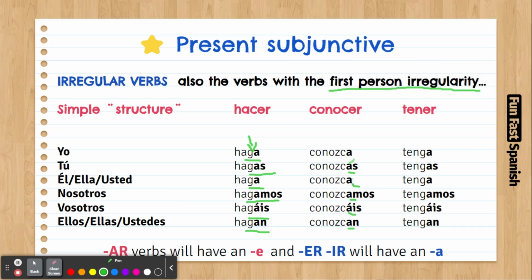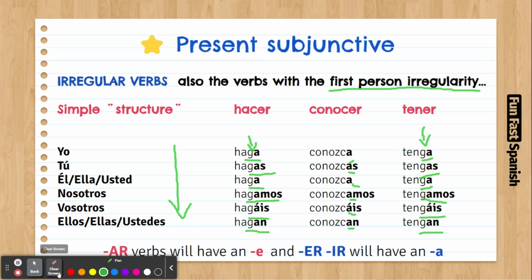So we are using the first person irregularity, and we are conjugating the rest of the personal pronouns with this irregularity. Tener, yo tengo, yo tenga, tú tengas, él tenga, nosotros tengamos, vosotros tengáis, ellos tengan. Same thing here. The G remains, and I'm going to use an A.